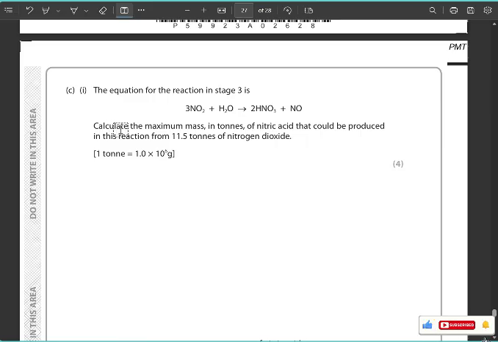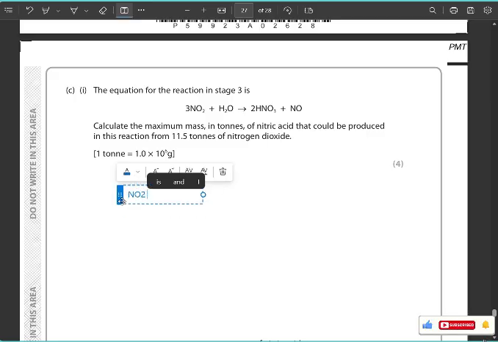Calculate the maximum mass in tons of nitric acid that could be produced in the reaction from 11.5 tons of nitrogen dioxide. Okay. Firstly, we should calculate the molar masses of nitrogen dioxide and nitric acid.